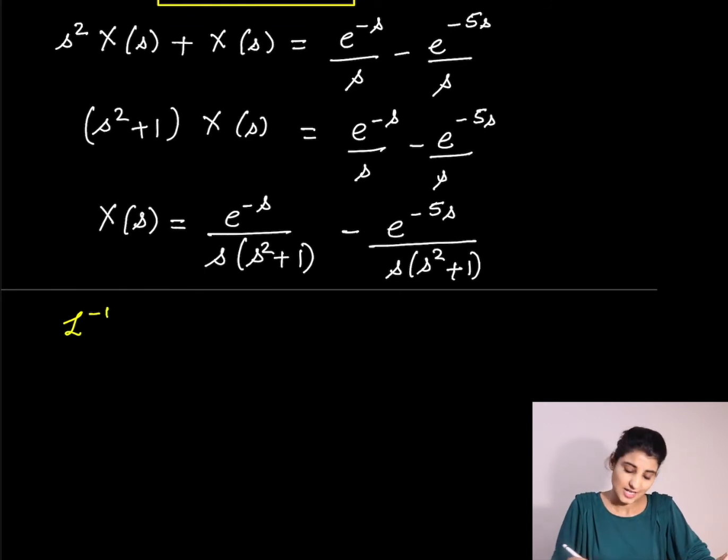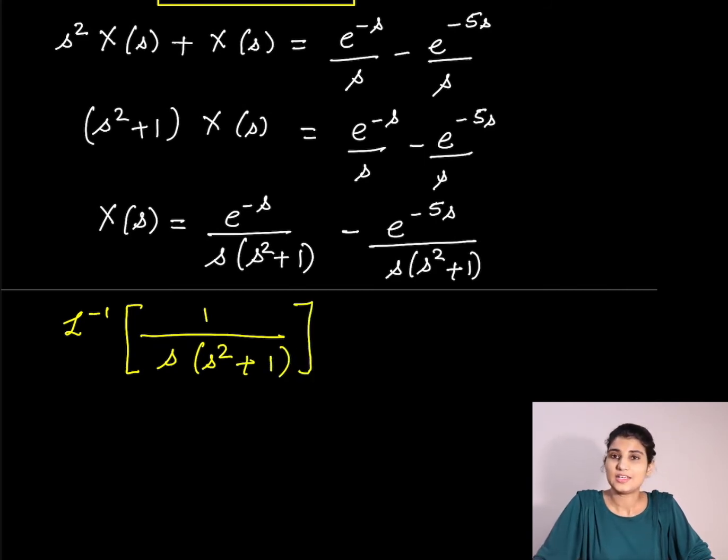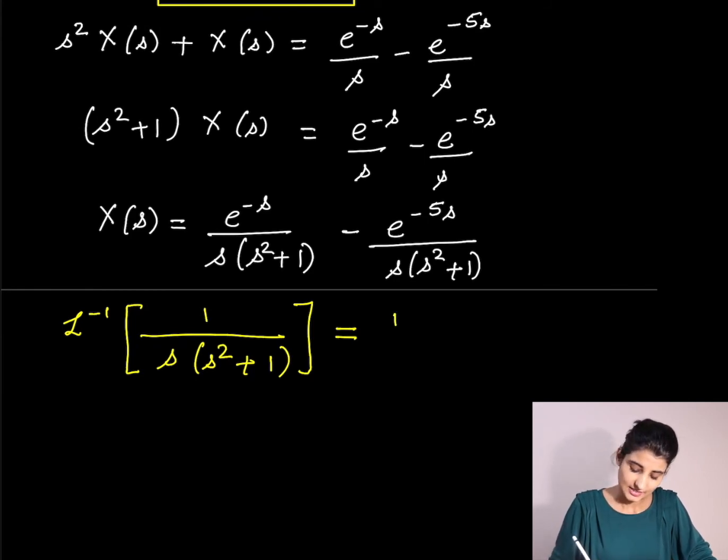So the inverse Laplace transform of 1 over s times s squared plus 1. You need to use partial fractions to find this Laplace inverse and verify that this is equal to 1 minus cosine t.